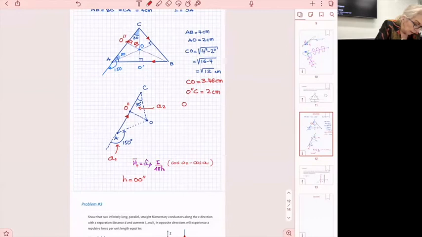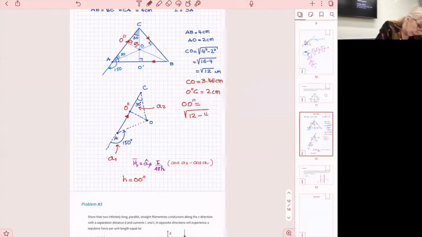Then we find that O double prime is the square root of 3.46 squared, which is 12, minus O double prime C to the second power, which is 4.